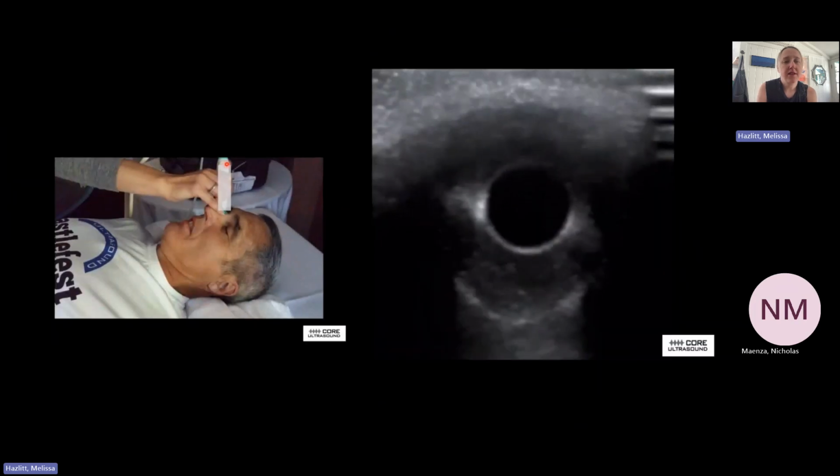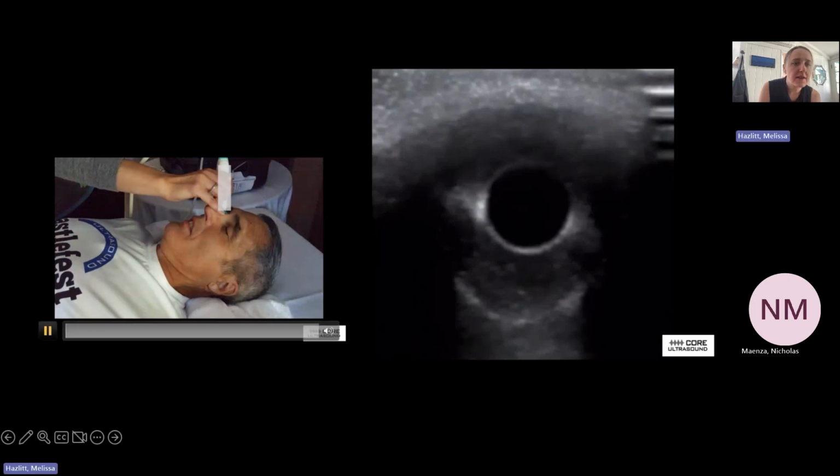Where you're going to take your probe in the transverse plane. Okay, there we go.